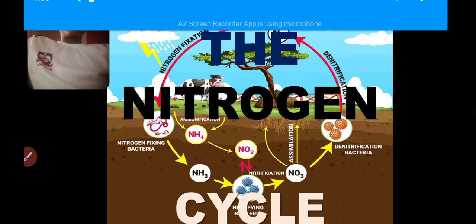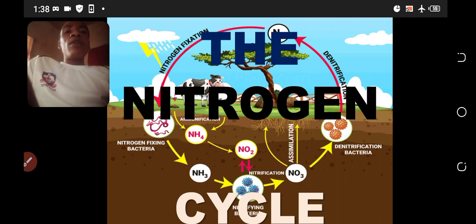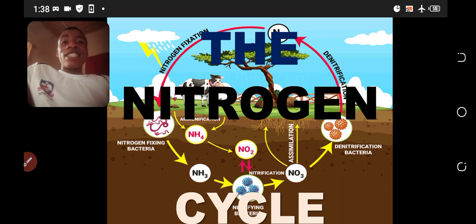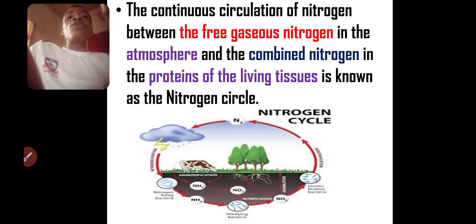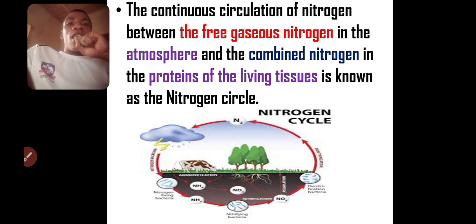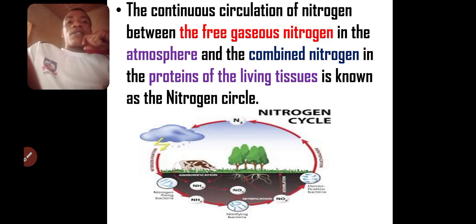Course again, and in this video we'll be looking at the nitrogen cycle. The nitrogen cycle has to do with circulation of nitrogen between the nitrogen in the atmosphere and nitrogen in the earth crust.